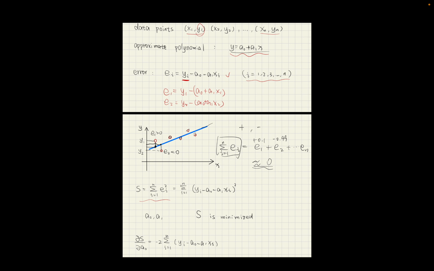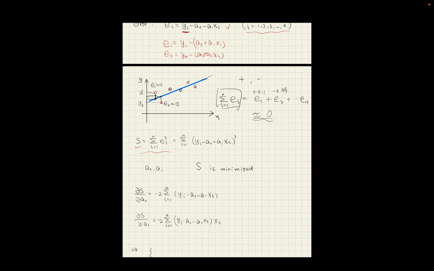So you can see after we add a square here, we turn all the errors positive. Then we do the summation. So now this, we call it capital S. Capital S is actually the thing we want that reflects the total value of our approximation. It wouldn't be affected by the positive or negative of the errors, right?